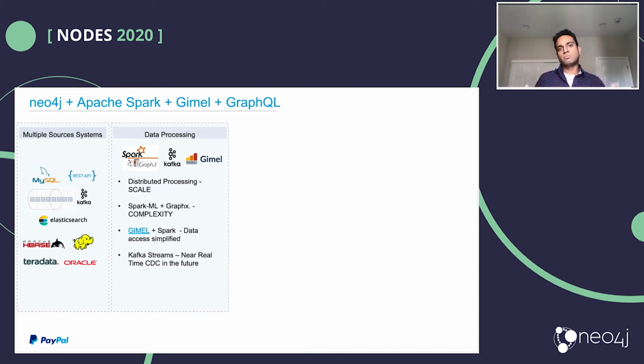And in terms of processing the data at scale, we are looking at Spark and graphics, which will give us a nice segue to processing the data and converting them into nodes and relationship. And Kafka streams in the future should give us the capability to have a near real-time CDC on the graph. When I say CDC, I'm talking about the change data capture capability to update graphs as early as possible when data is in the source.